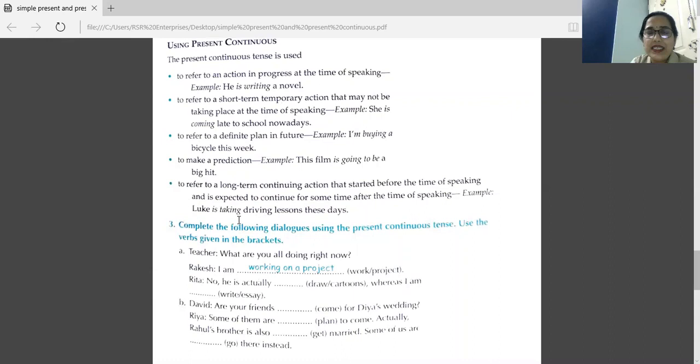So in that condition, you can use present continuous tense. So in a sentence, you have to see the verb. If you see this structure, is, am, or are, and with that a present participle, that means it is present continuous tense. Okay. So these are the uses, or where you can use present continuous tense. I hope it's clear to all of you. Let's see this exercise.